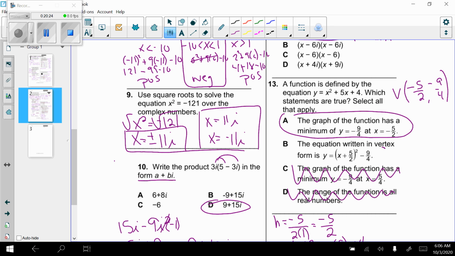So if I plugged it in, f of x equals, my x value always goes in my parentheses opposite, x plus 5/2, quantity squared, and then minus 9/4. And that's exactly what they have here. So A and B were both correct. All right, that is the test review for Chapter 2, Sections 2.1 to 2.4.